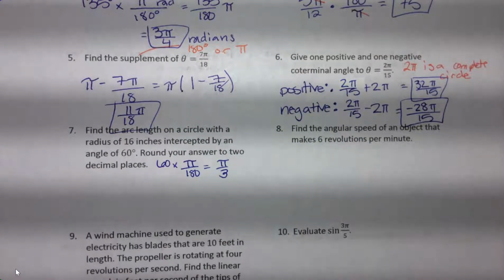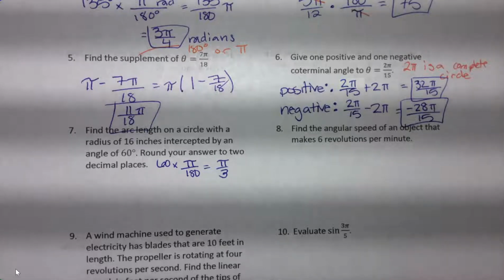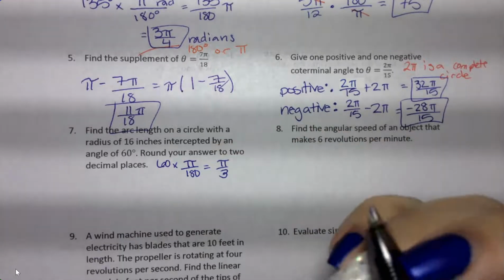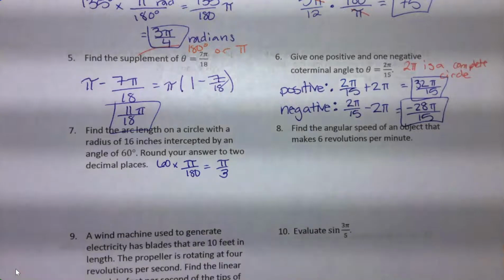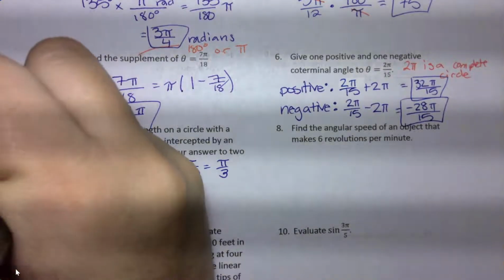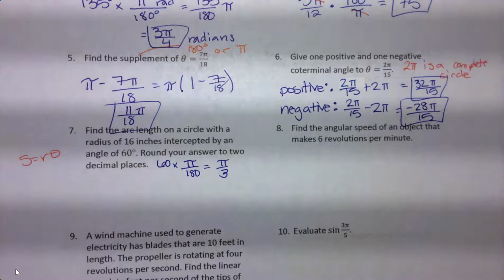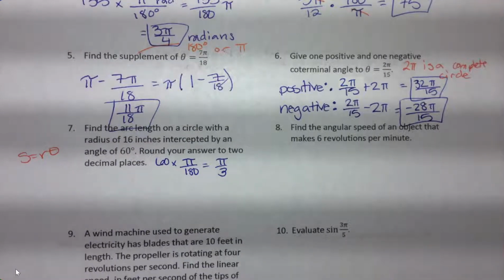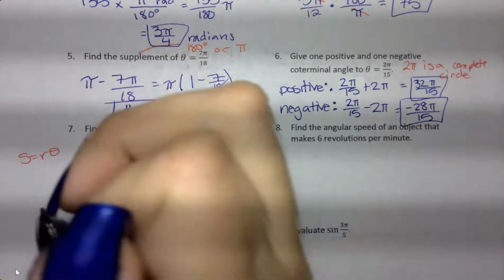Then what I want to do next is find the arc length, which is taking my arc length and multiplying by my angle measure. So this formula here is S equals R theta. R is my radius, theta is my angle, and S is my arc length.